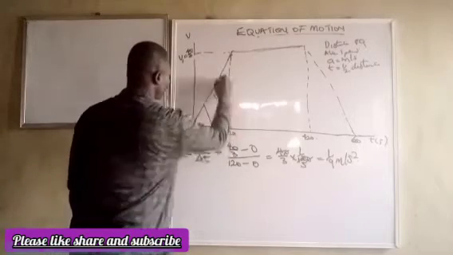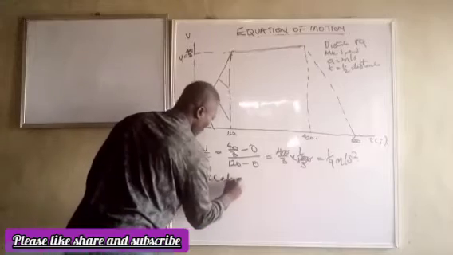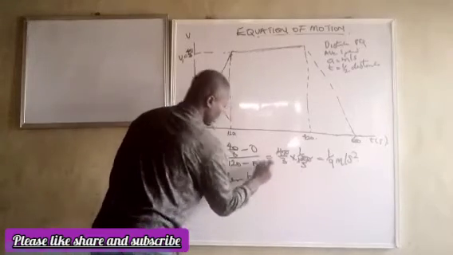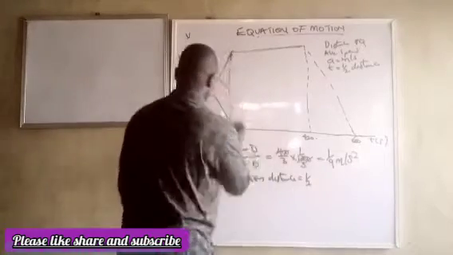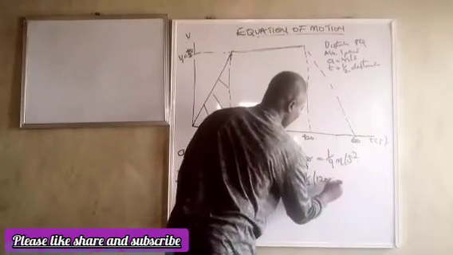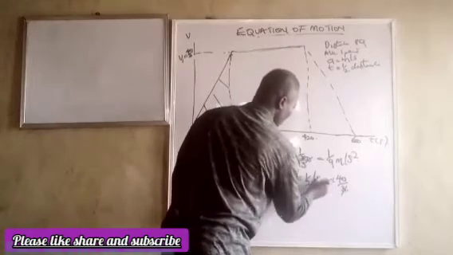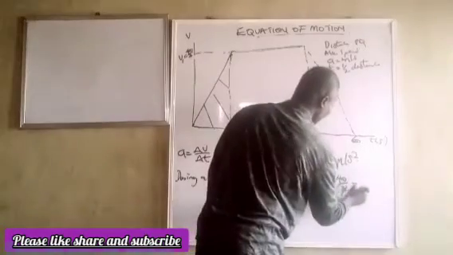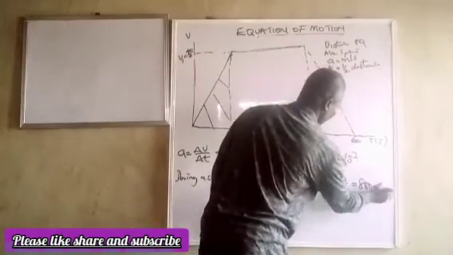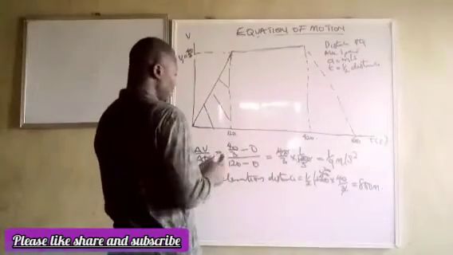During acceleration, distance is equal to half into 120 times 40 over 3. That is 800 meters. Which means that it's not up to half of the distance.